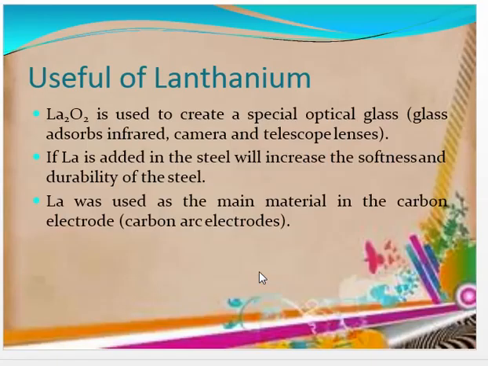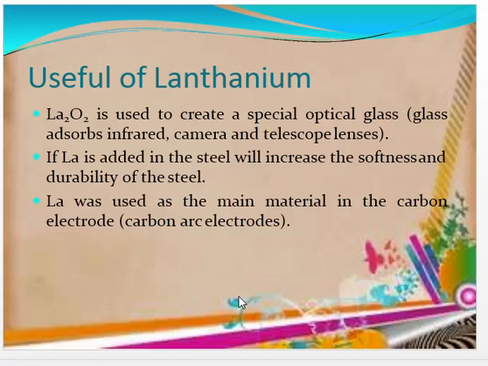Where can we use lanthanum? For what? Lanthanum oxide is used to create special optical glass for infrared cameras and telescope lenses. If lanthanum is added to steel, it will increase the softness and durability of the steel.